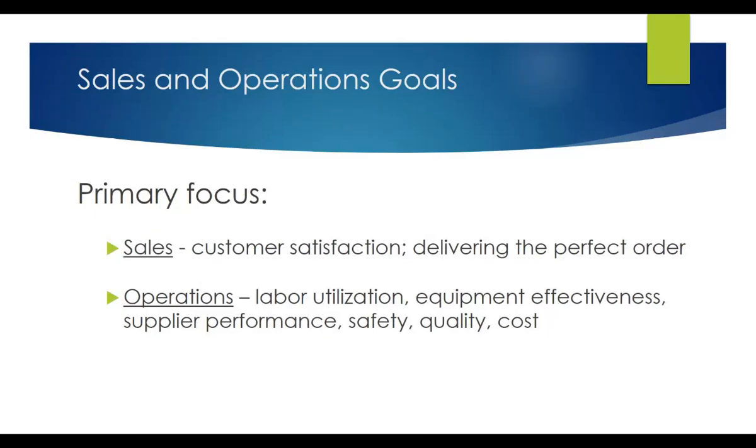It's what we call shipping the perfect order. While the operations group necessarily embraces the same goals, these goals are oftentimes secondary to operations-based goals, such as employee efficiency, equipment utilization, and supplier performance. Of course, quality, safety, things like environmental and regulatory factors are always a consideration.